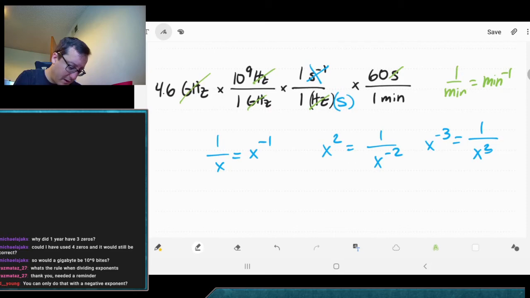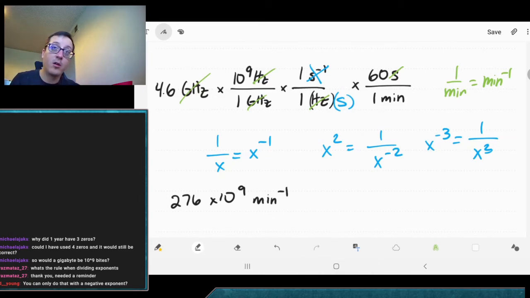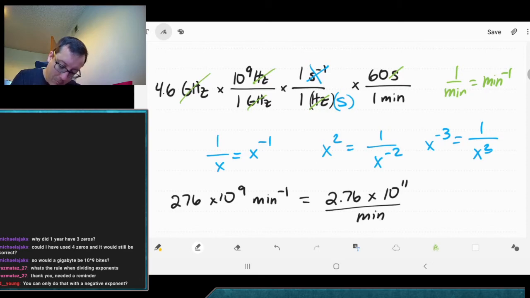We get basically 4.6 times 10 to the 9th times 60, which is 276 times 10 to the 9th inverse minutes, or per minute. We could leave it as that. That would work. You could leave it as divided by minute, or you could put minute to the negative 1 power. Either of those are okay.